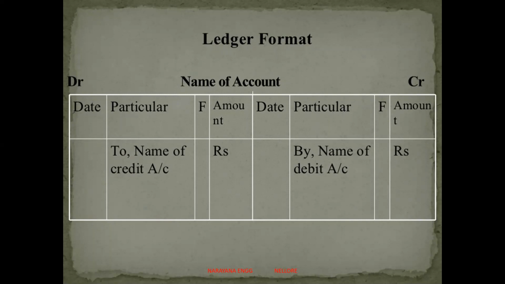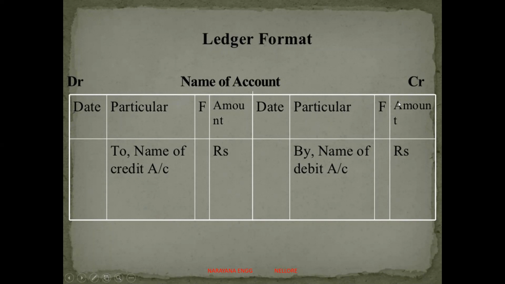So on the debit side you write the credit side account name, keep the journal folio as a column, and write the amount, how much amount it is.